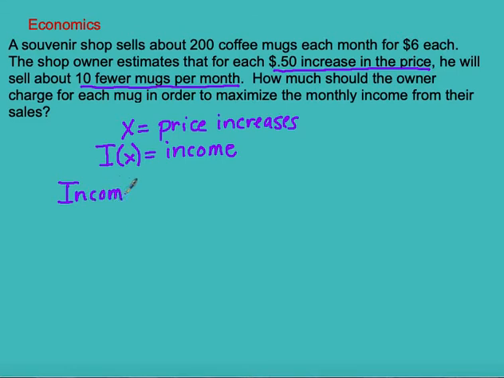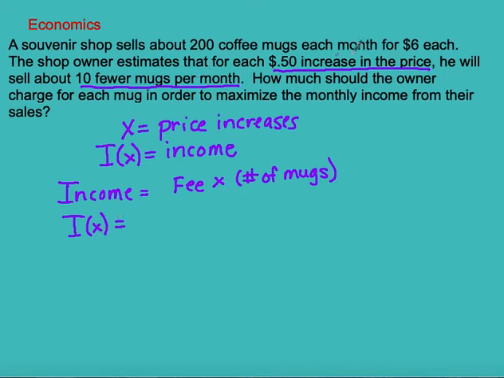Now here's how I'm going to calculate my income. So my income has to be based off of whatever I charge for each mug times the number of mugs that I sell. All right, so when I put this in algebraic form, my income in terms of price increases is equal to.